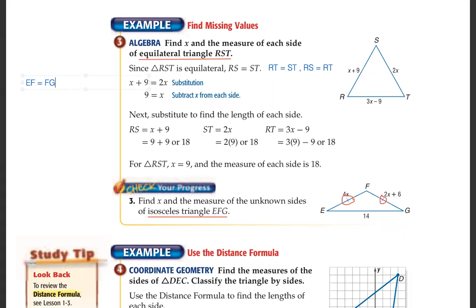So EF is equal to FG. What is EF? 4x equals FG. What is FG? 2x plus 6.